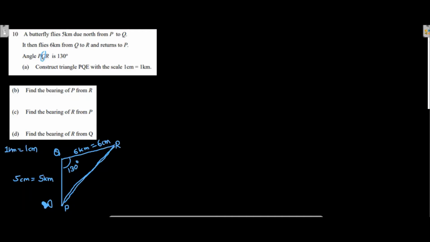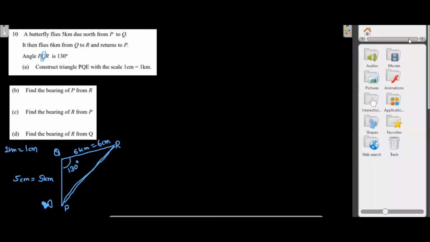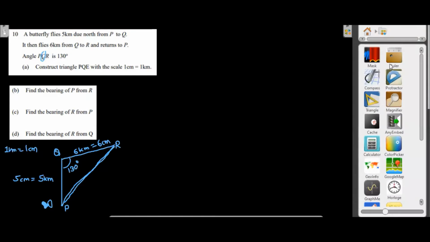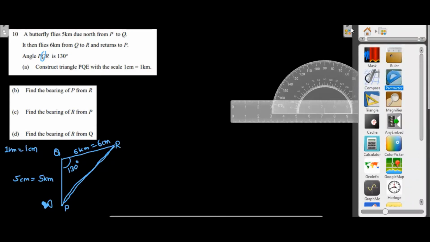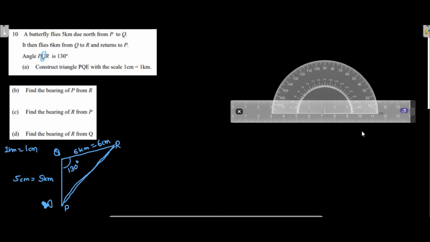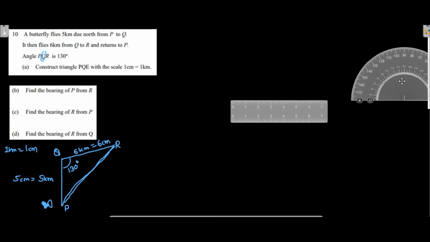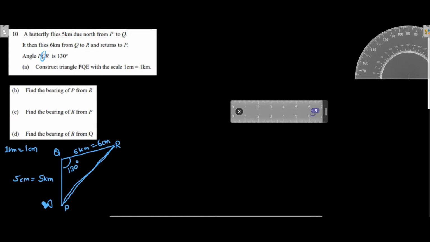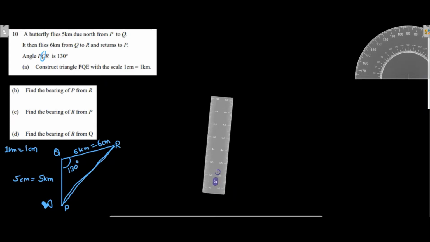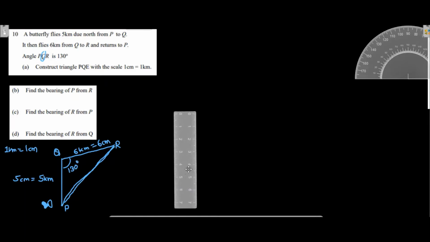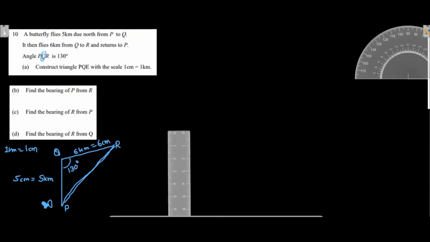Now we are going to draw the same construction using ruler and protractor, and find the bearing. Let's take the ruler and protractor. Let us first draw 5 centimeters using the ruler.